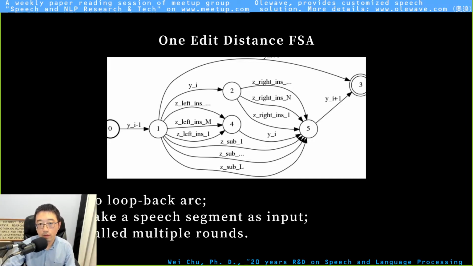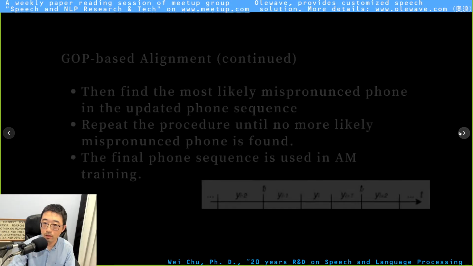But this one maximally reduces the phone search space, and you can always find new mispronounced phones by iteratively using these 1ED or 0ED FSAs. But I definitely encourage you to explore more sophisticated FSAs for accepting wrongly pronounced words or speech.